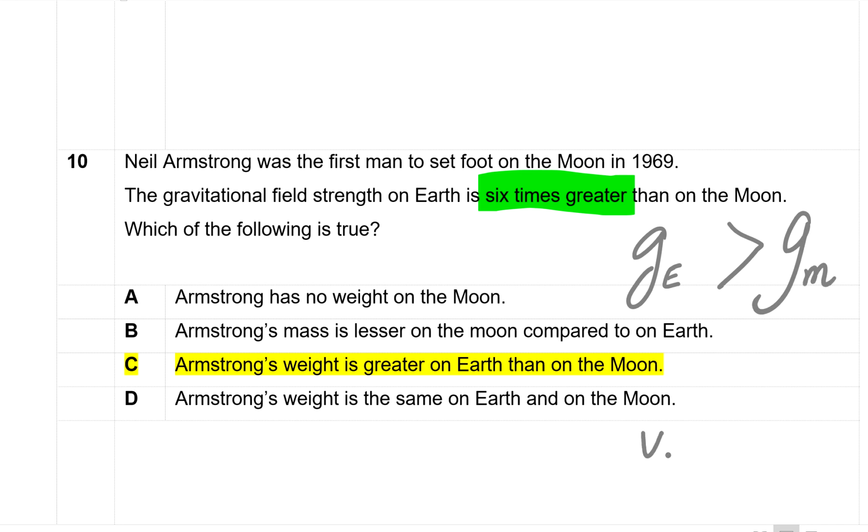So of course, remember W equals mg. So if your gravitational field strength is larger, then your weight will be larger. So then C is the answer, because your weight will be greater on the Earth than on the moon, since on Earth, the value of g is larger. You can go on to watch the other videos for question 11 onwards.